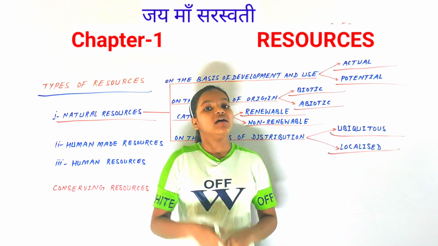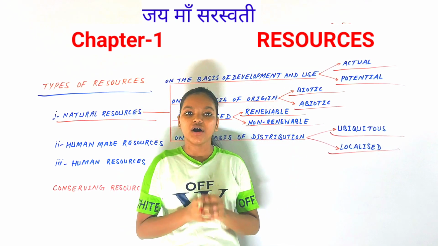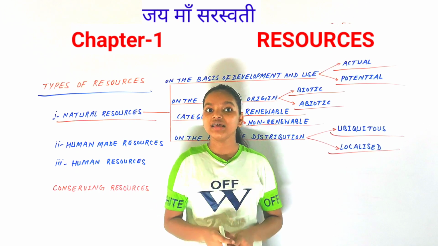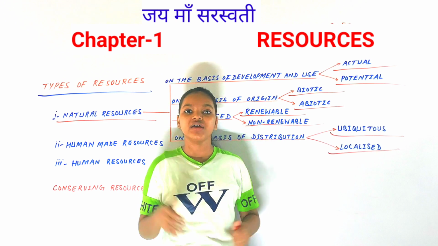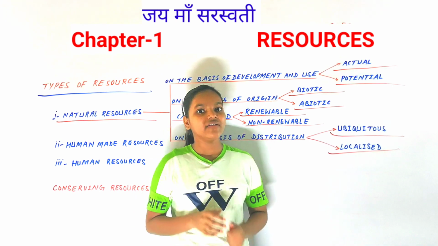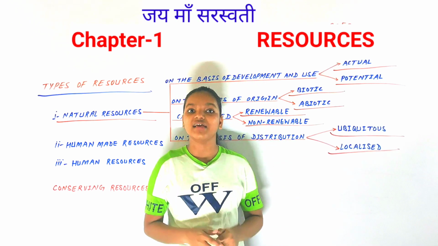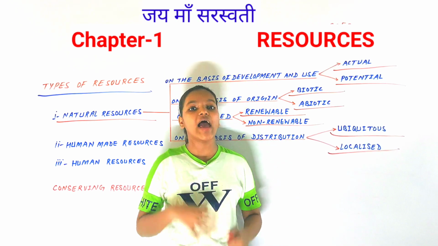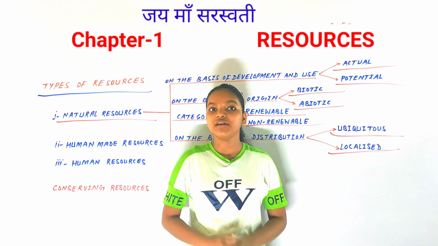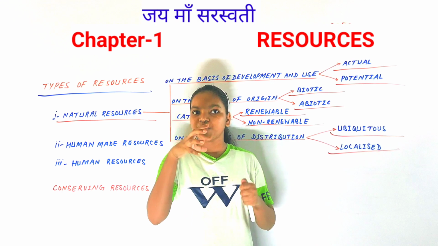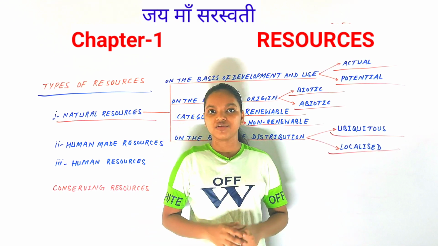For example, the air that we breathe is available in the whole world, its availability is unlimited, and it is present everywhere on earth. So air is a ubiquitous resource because its presence is universal.